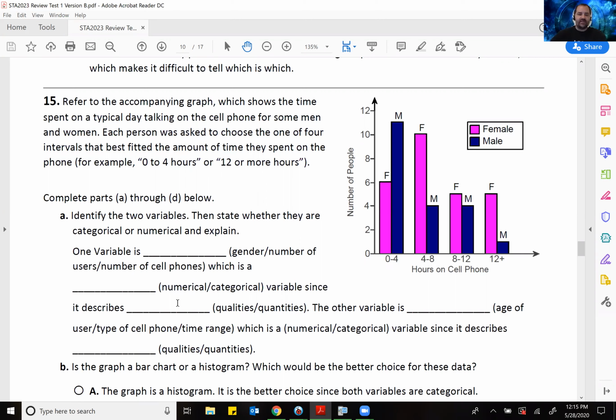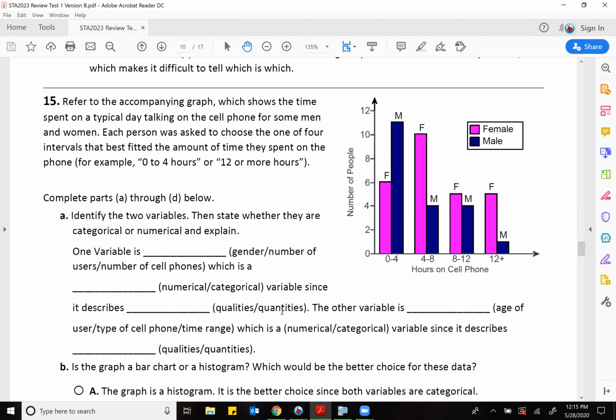So the next one says, which is a blank variable? Categorical? Definitely. Either you're male or you're female, according to this survey. Definitely categorical variable since it describes blank qualities or quantities.